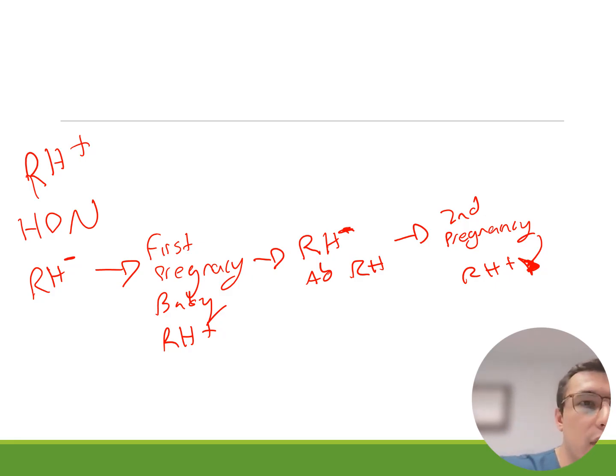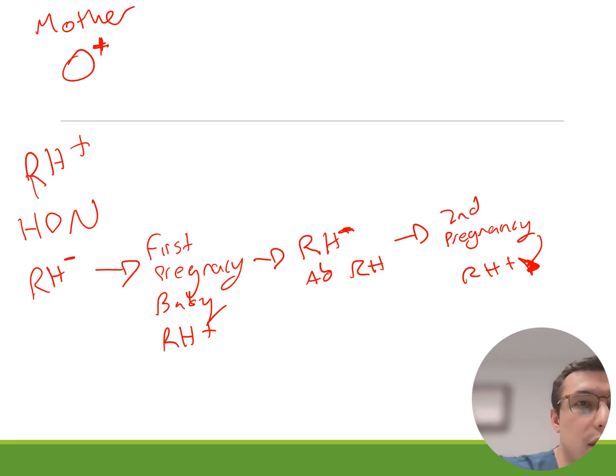Now let's take a look at an incompatibility between type O and AB. Let's say the mother is type O, and is O negative. It's actually, let's do O positive.